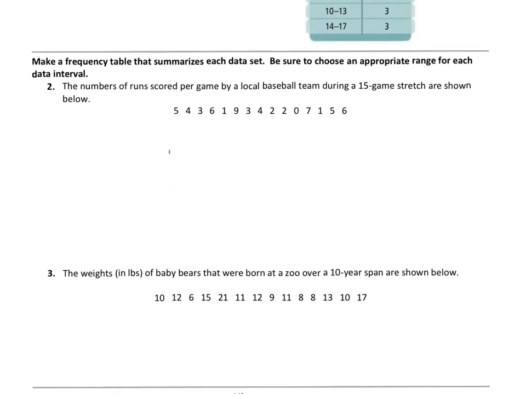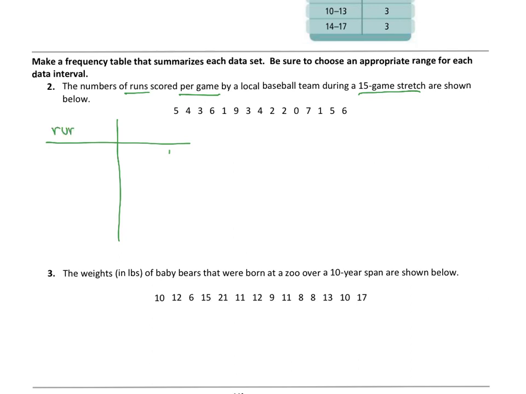So if we're going to make our own frequency table, this is for the number of runs scored per game by a local baseball team in a 15-game stretch. So I'm going to make my interval. I'm going to make a little table.